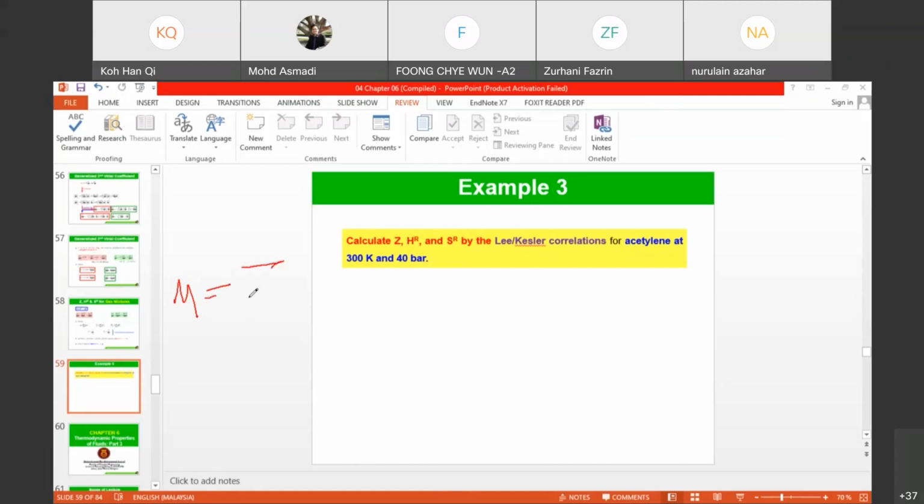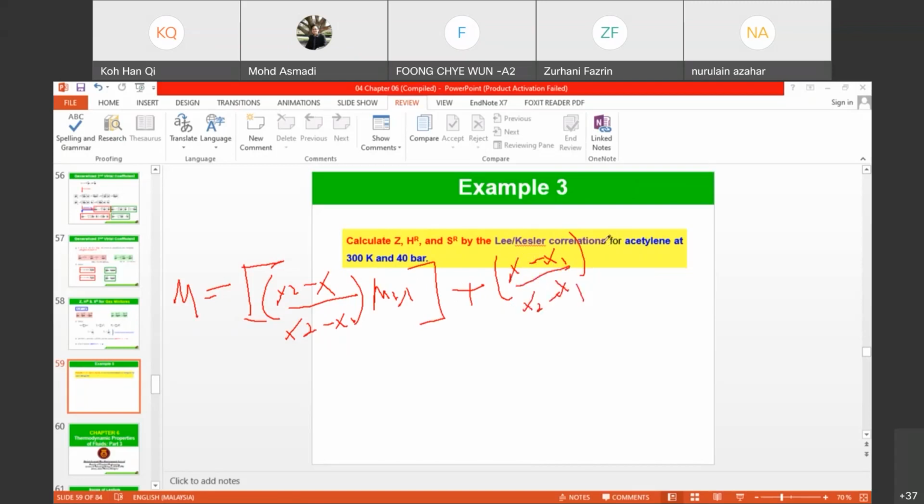M equal to x2 minus x divided by x2 minus x1 times m11 plus x minus x1 divided by x2 minus x1 times m12.